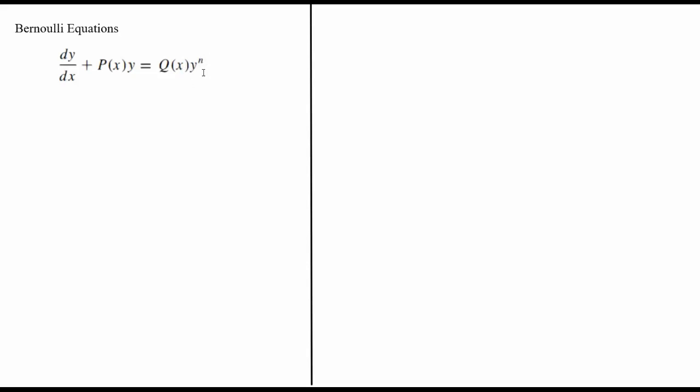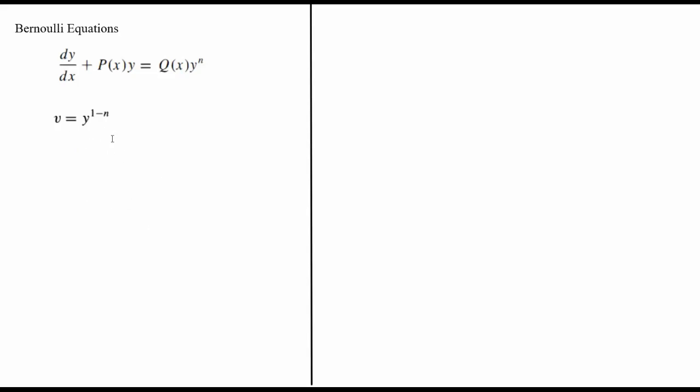Now, of course, it will be nonlinear as long as n is not 0 or 1. And this nonlinearity in the power of y, this particular type of equation, as you see it, is known as a Bernoulli equation. So the substitution that usually works with such an equation is this one, v = y^(1-n).